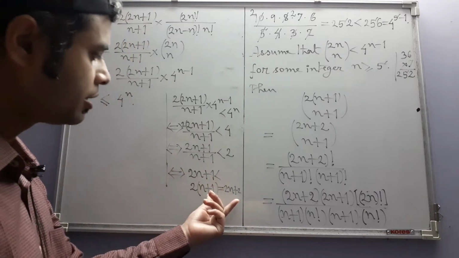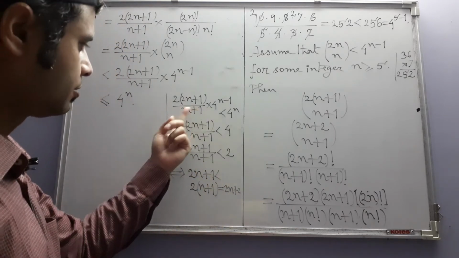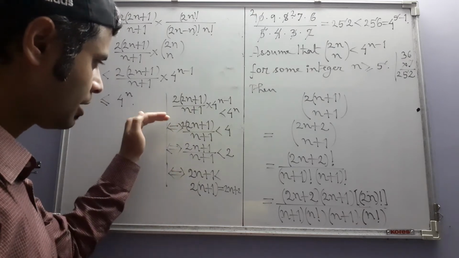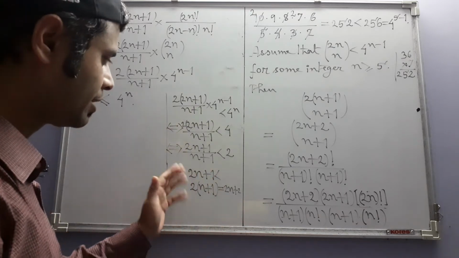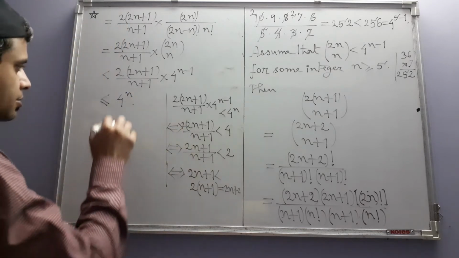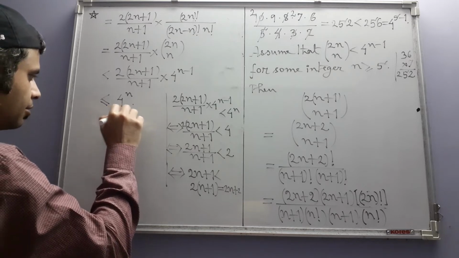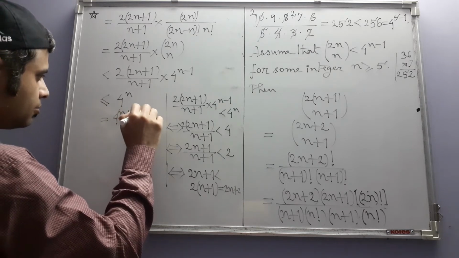Because this inequality, we can clearly see it's true, so that's why this is also true, because we don't have just implications, we have double implications, so we can go back. So that means this is true, and 4 to the power n is nothing but 4 to the power n plus 1 minus 1.